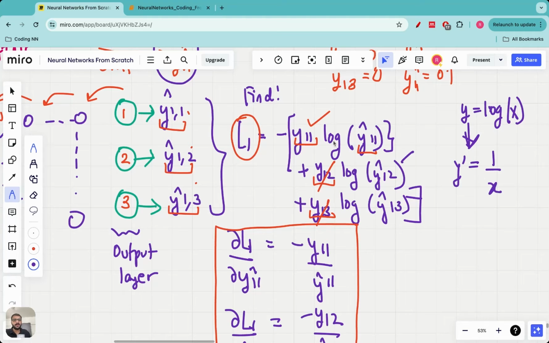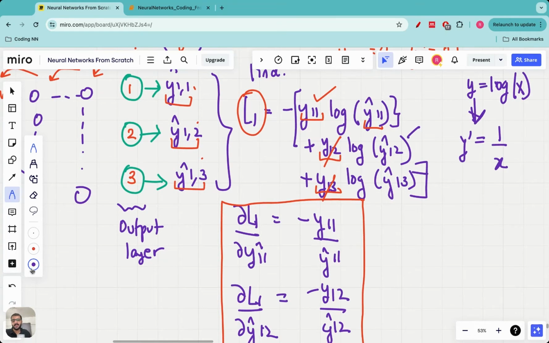So the partial derivative of log of y11 hat with respect to y11 hat would be 1 by y11 hat. So when you take the partial derivative of L1 with respect to y11 hat, the answer will be negative of y11 divided by y11 hat. So essentially it will be negative of the true value divided by the predicted value.